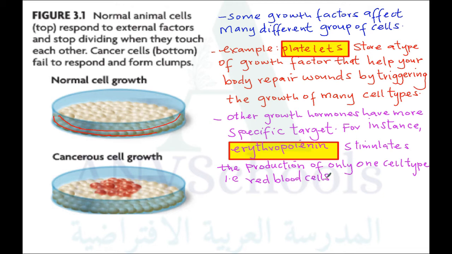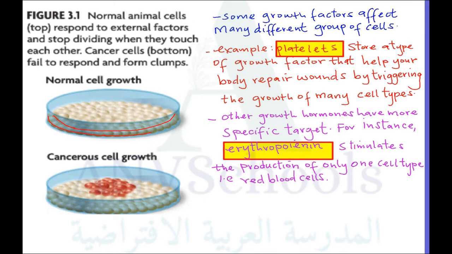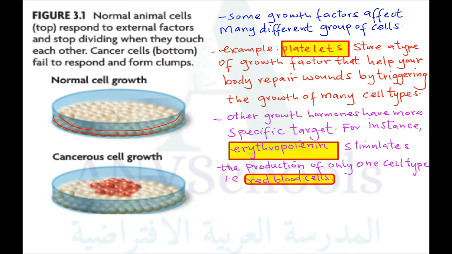So it doesn't stimulate the production of any other, but only that one specific cell that we are calling the red blood cell. So it will be specific.